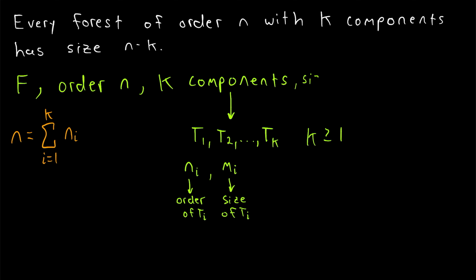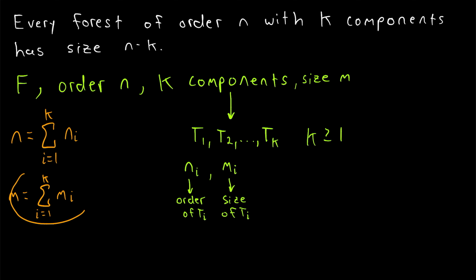Similarly, if we let the size of our forest be m, then m, the total number of edges in the forest, is of course the sum of the number of edges in its components. So it's equal to the sum of m sub i from i equals 1 to i equals k. That's just adding up the vertices in all of the components, and that's just adding up all of the edges.